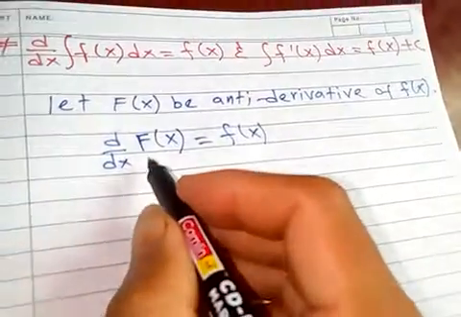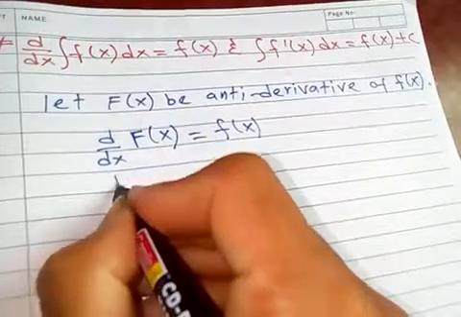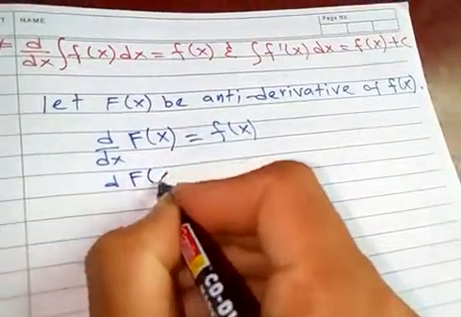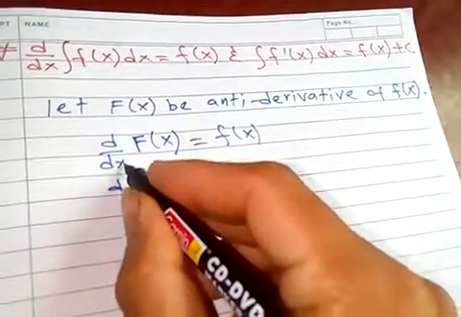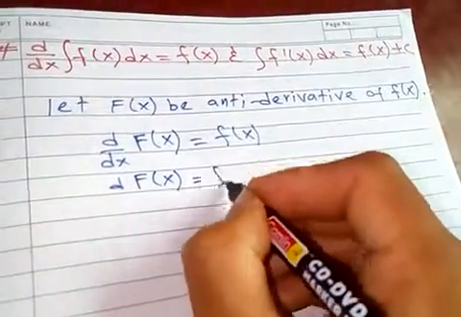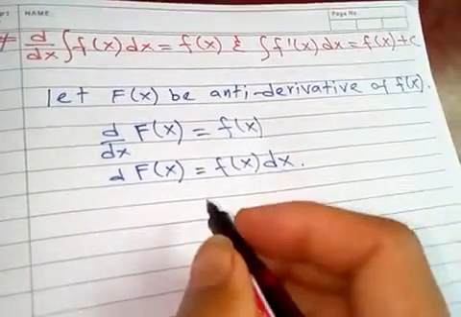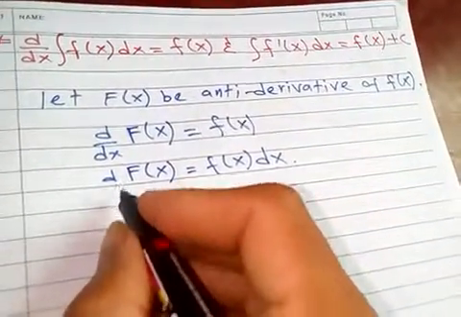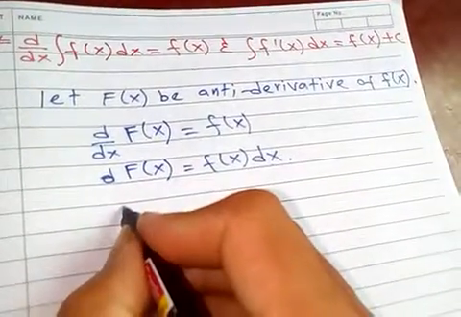Now if I want to integrate again, d F of x is equal to f of x dx, I will transfer the dx here. Now from this, if I integrate, the integration of d F of x is what?